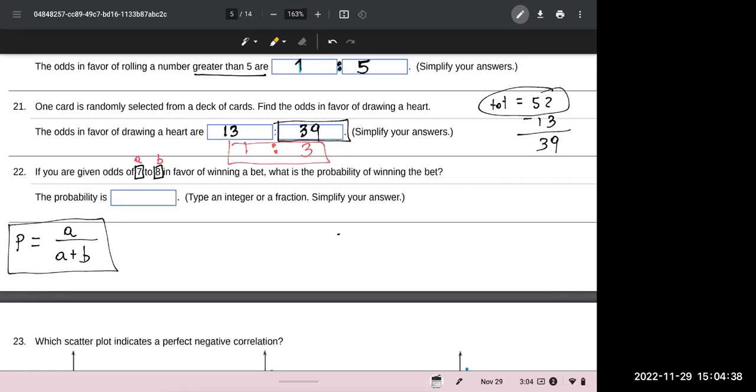We have to calculate the probability. So in our case, that's going to be 7 divided by 7 plus 8. So we have 7 divided by 15. And the solution, they want you to keep it as a fraction. So this is the answer.